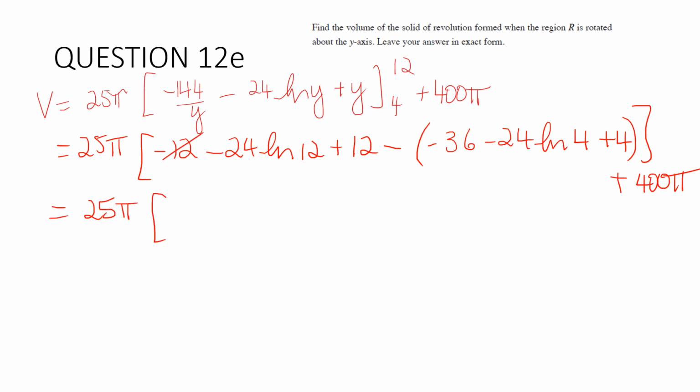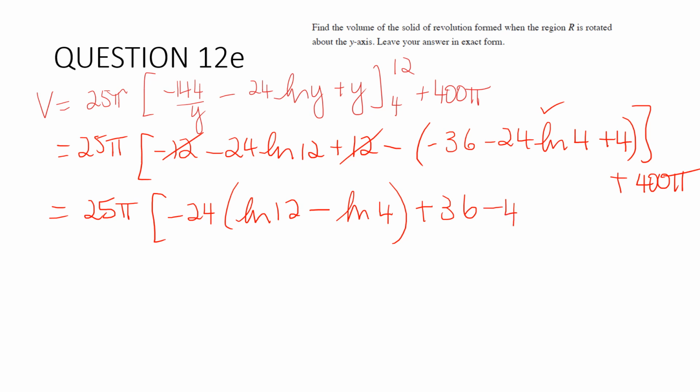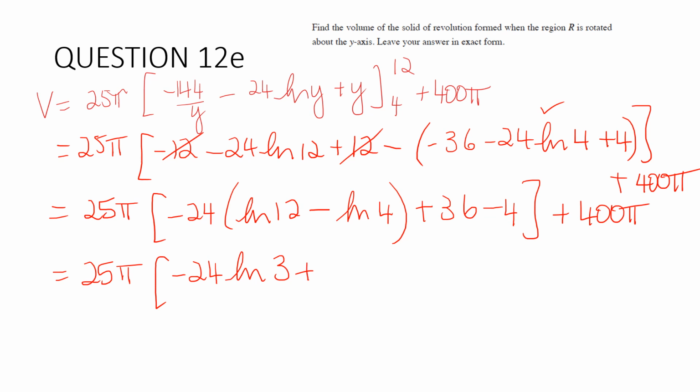Negative 24 ln 12 in brackets minus ln 4, and then I have got plus 36 minus 4, plus 400 pi equals 25 pi, negative 24 ln 3 plus 32, plus 400 pi.